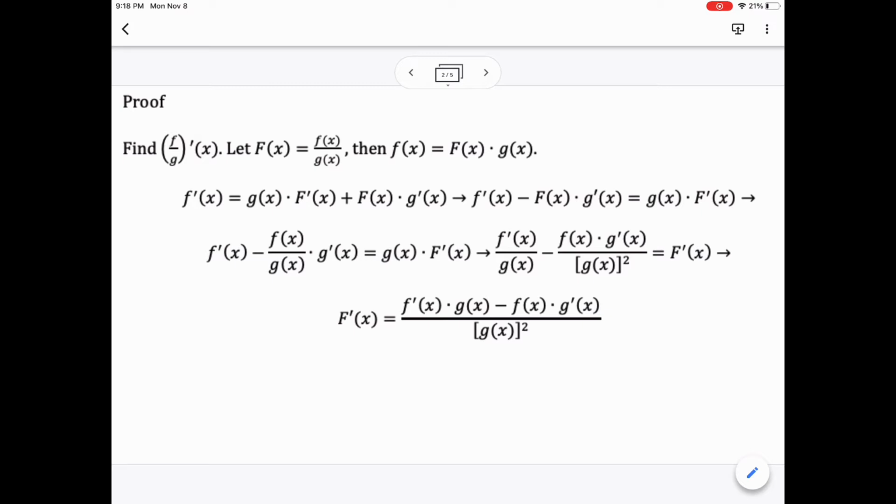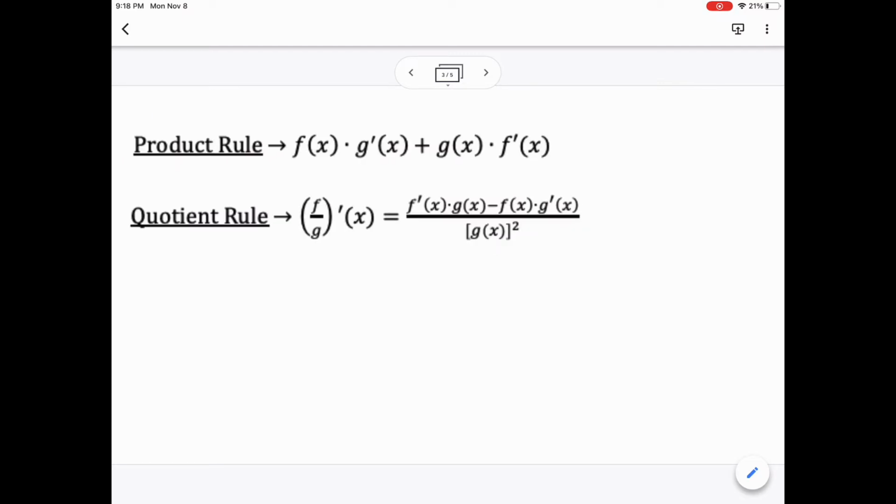So it looks like I'm moving capital F of x times g prime of x to the other side. And because I know that capital F of x is f of x divided by g of x, I can insert that in, make some common denominators, and then I'm able to show that capital F prime of x is f prime of x times g of x minus f of x times g prime of x divided by g of x squared.